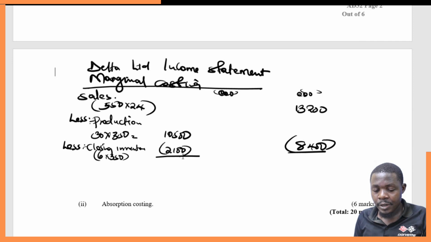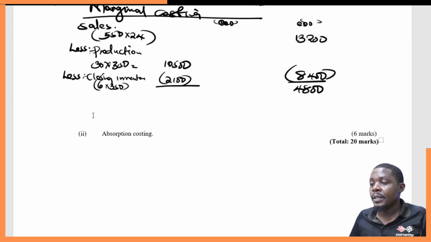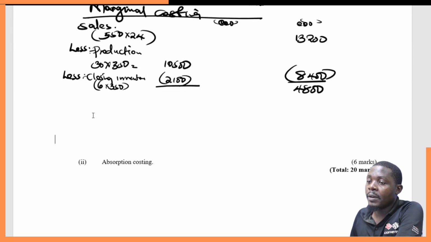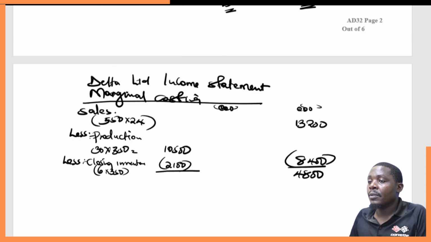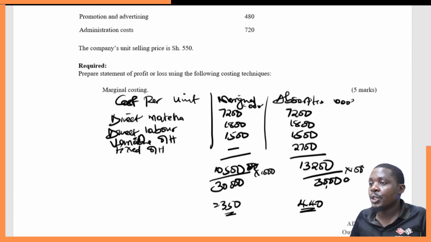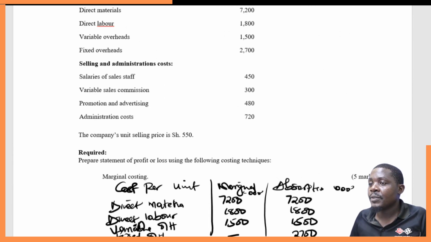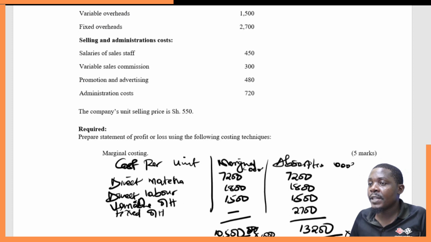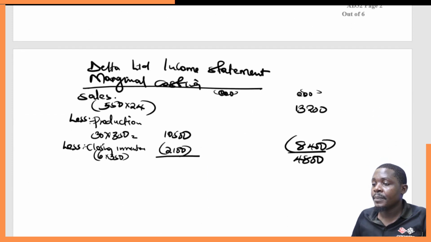13,200 minus the answer, we are calculating for what? For 4,800. Then we can less all the overheads given in this question.